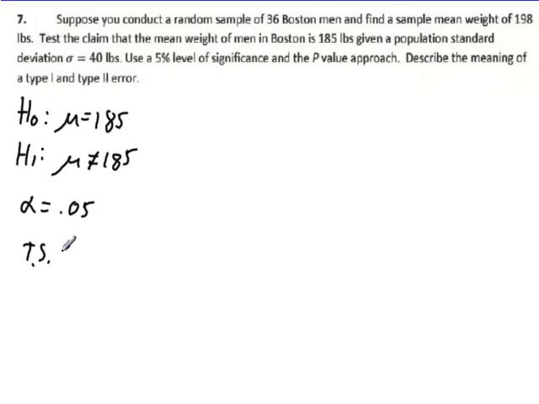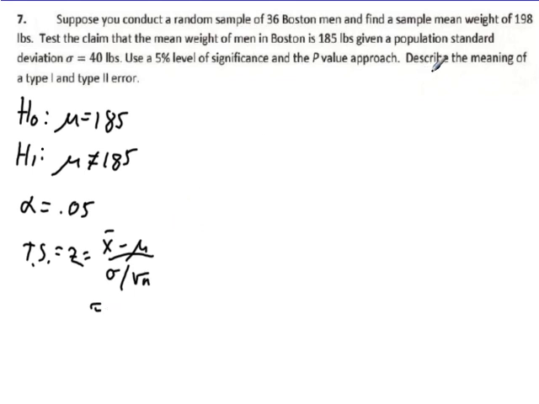So, test statistic equals z, since the population standard deviation is known, and it's x bar minus mu over sigma over root n. Plug in all these values.